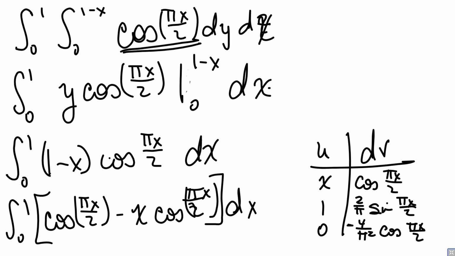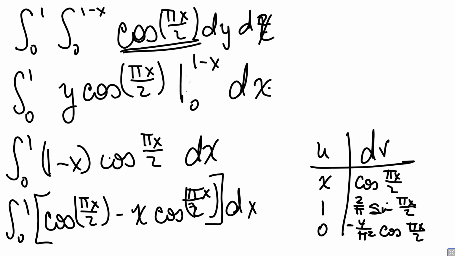So if we go through the whole scale of integrating, we're going to end up with this. For the first term, we're going to have 2 over pi times the sine of pi x over 2, then minus, okay?